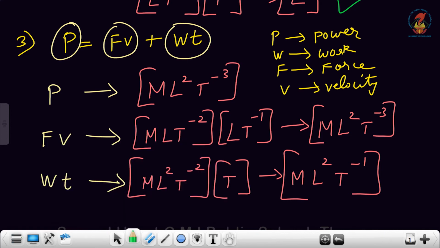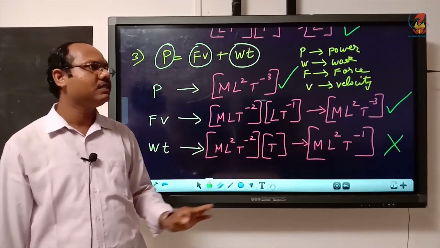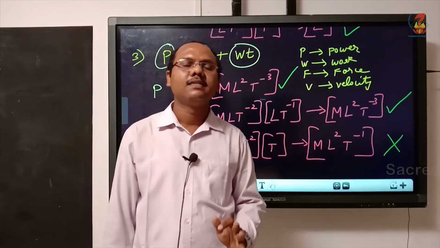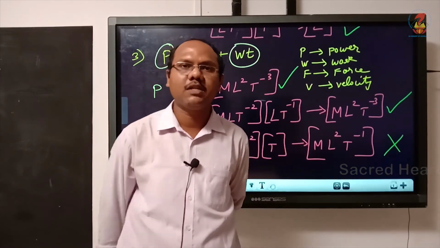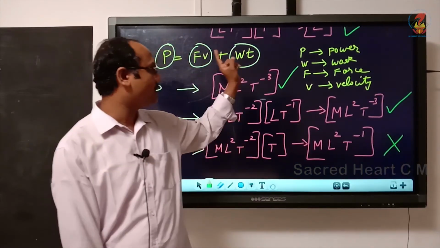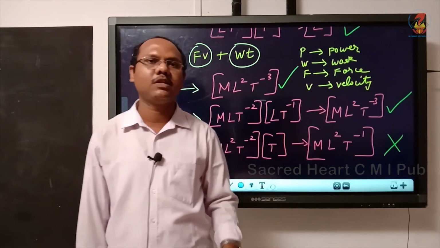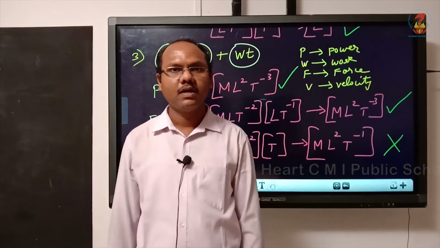Now just compare. First dimension, ML^2T^-3. Second one, ML^2T^-3. Third one, ML^2T^-1. So that is wrong. If any one is wrong, then the equation is not dimensionally correct. So this equation is not dimensionally correct.